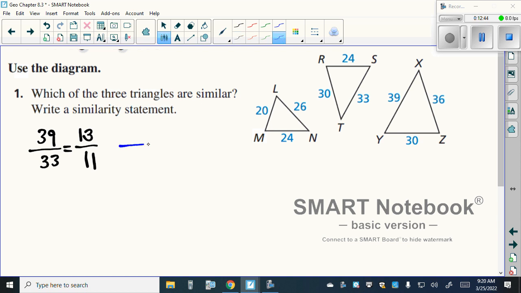Okay, we need another set of sides from those 2 triangles. 36, which is the middle side. And if we look at the middle side of RST, it would be 30. Well, again, we'll go into both.